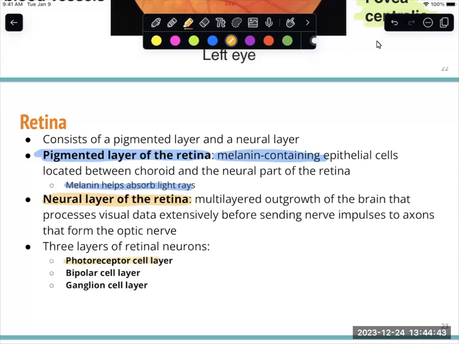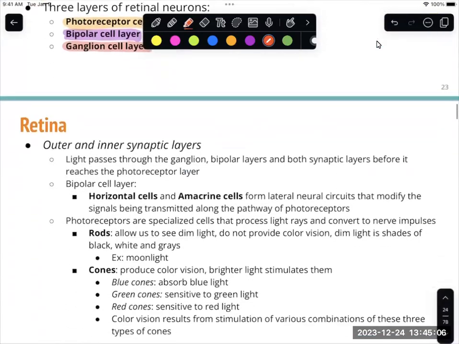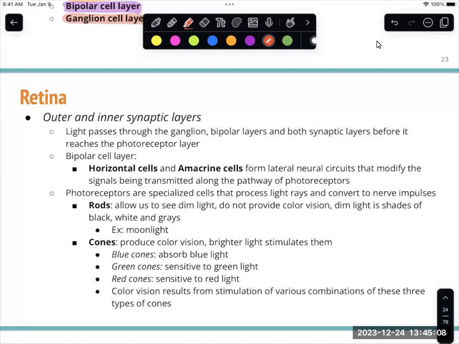So the photoreceptors, this is the layer that is picking up the images of what we're seeing. The bipolar cell layer, this is a connection layer that's going to connect to the ganglion layer. This ganglion layer is the layer that connects to that optic nerve. It makes up the axons of that optic nerve.